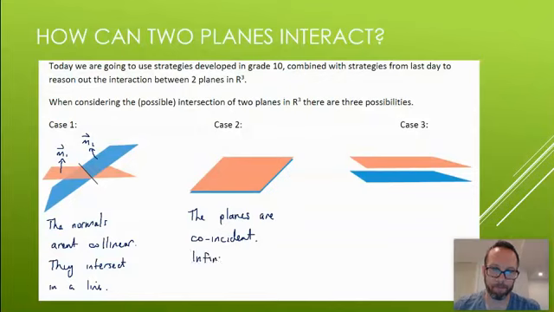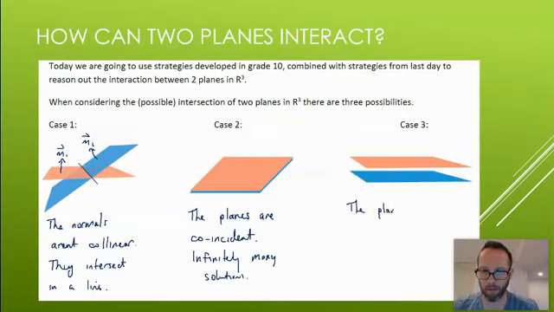Let's just say infinitely many solutions. And then there's the case where they're parallel and distinct. Just like two parallel lines, they'll never meet.